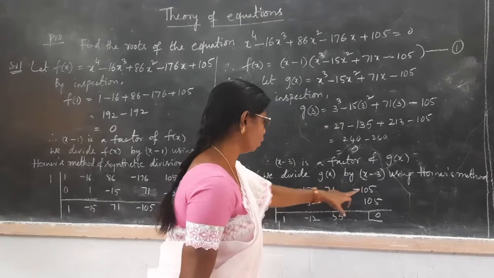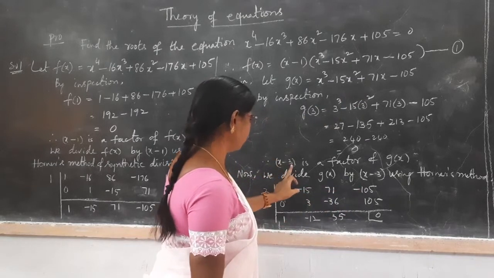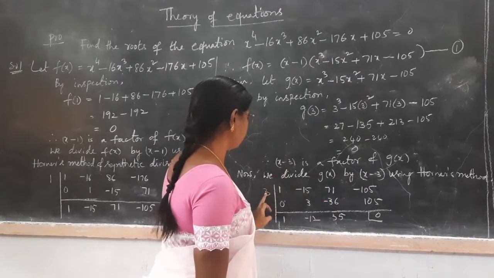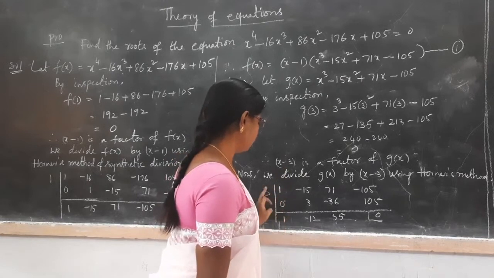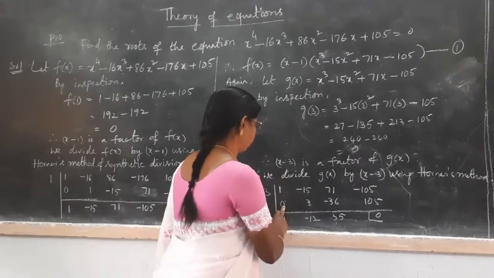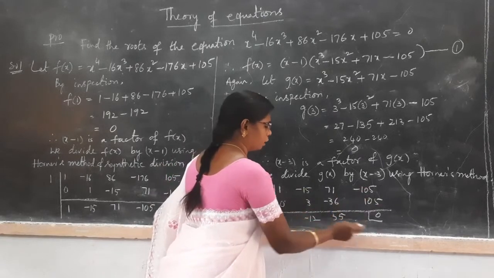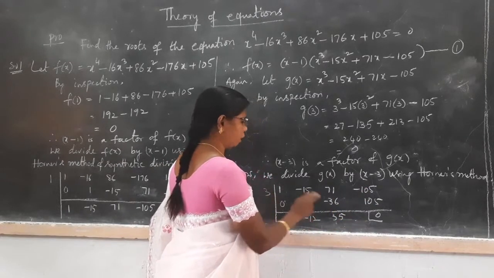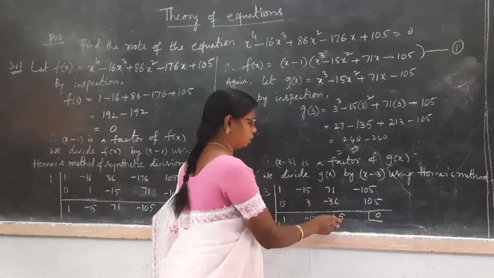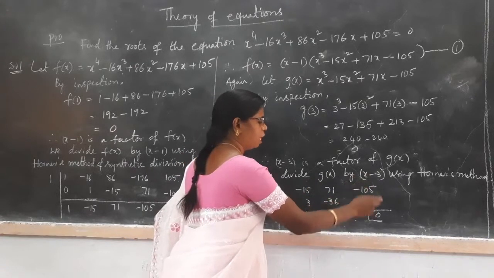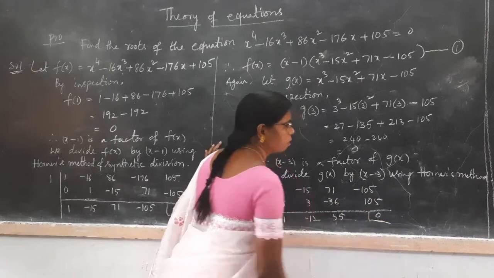Again, the coefficients of g(x) are written in a row. Here 3, since x minus 3 means x minus a with a equal to 3, we divide with 3. Put 0 here. 1 3s are 1. Here, minus 12 into 3 is minus 36, add. 35, 3 5s are 105, add, and the remainder is 0.